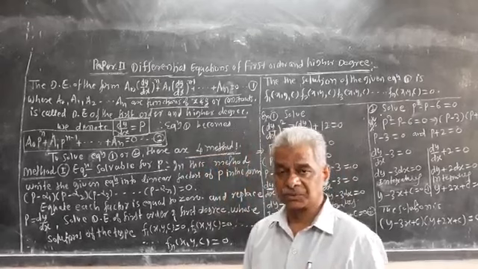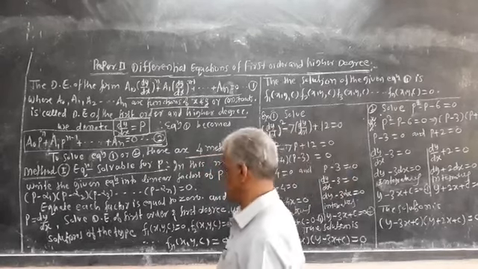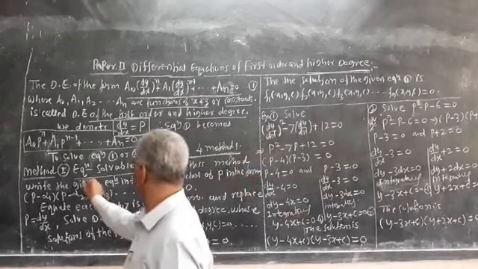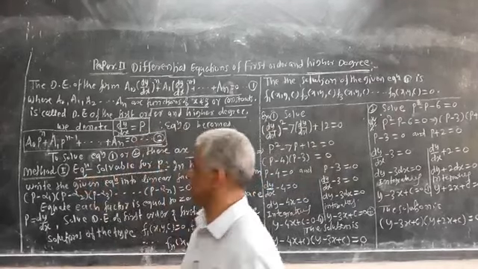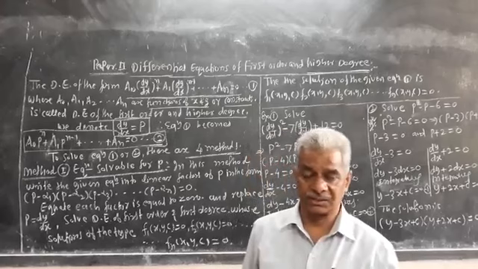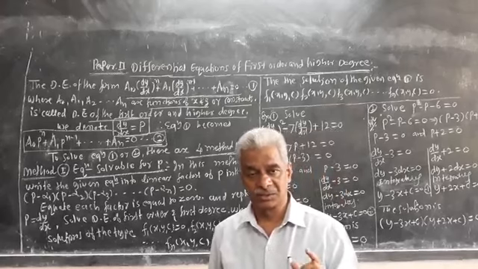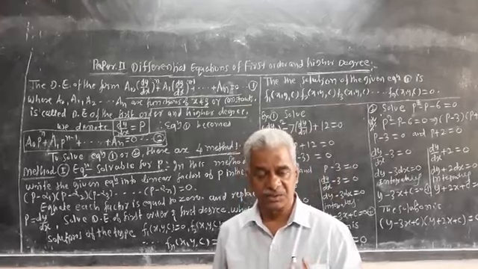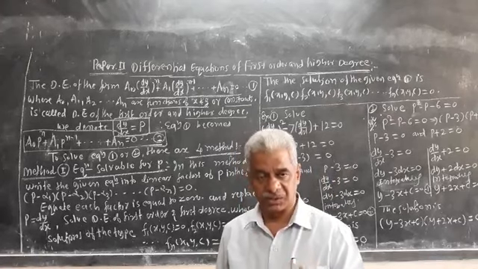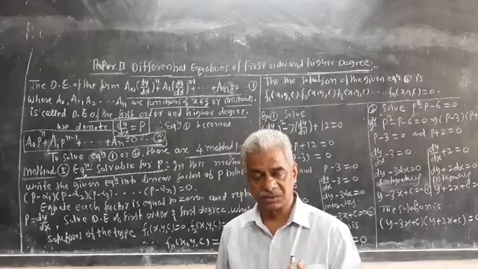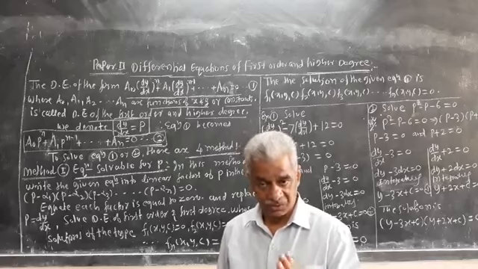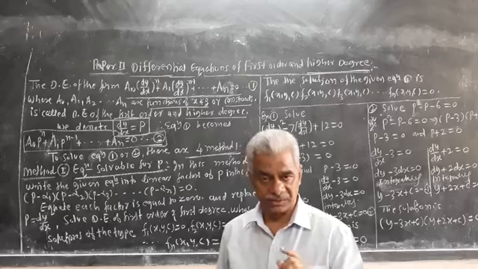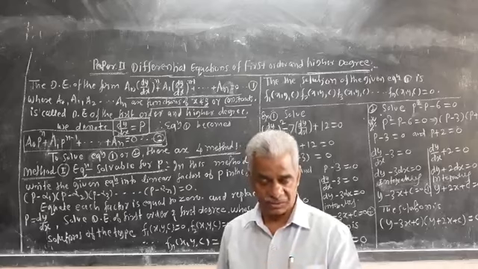Out of these four methods, the first method is called equation solvable for p. The second method is equation solvable for x. The third method is equation solvable for y, and the fourth method is called Clairaut's method or Clairaut's equation.